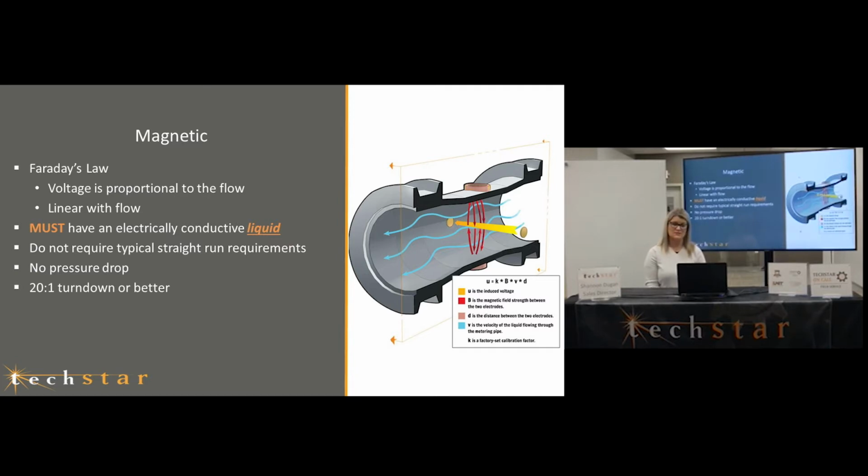As a conductive fluid flows across it, then you have a signal that's sensed by two electrodes, and normally these are on the sides of the pipe at the 3 and the 9 o'clock position as the fluid goes over them. You do have to have an electrically conductive fluid in order to use a mag meter.